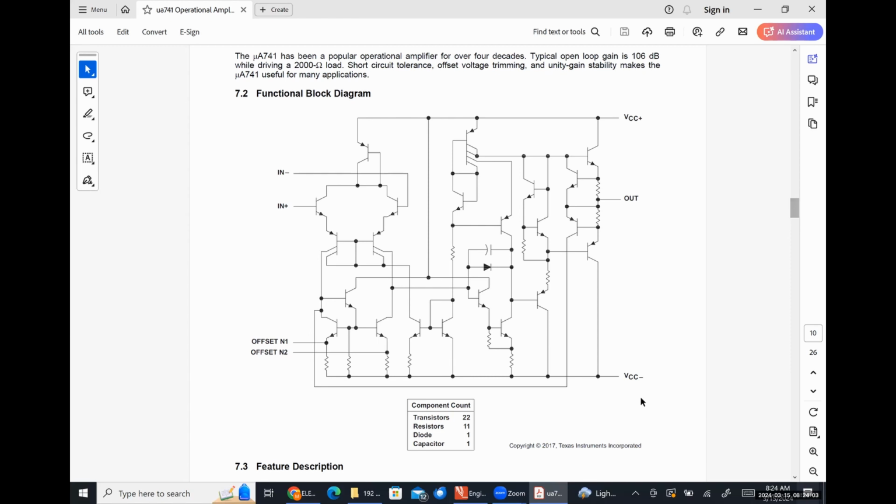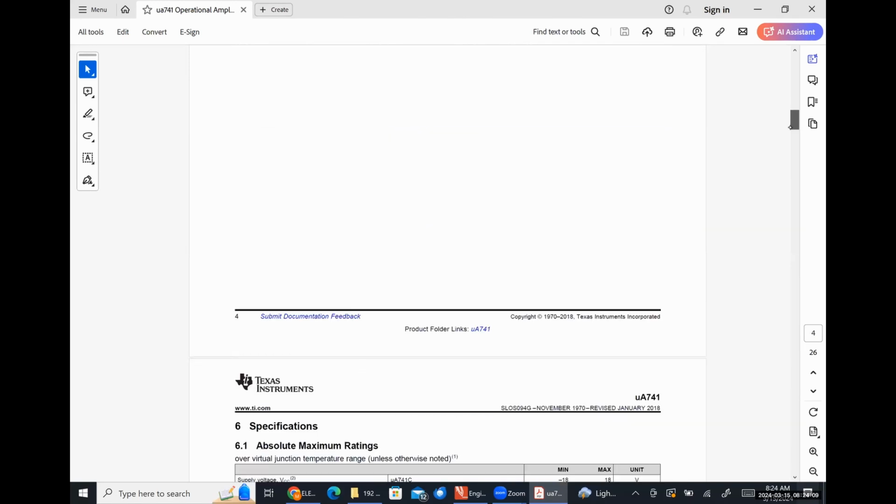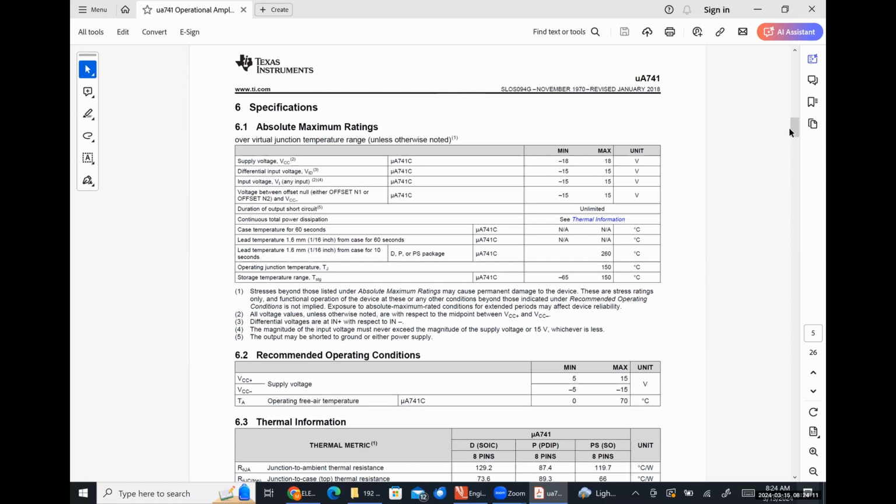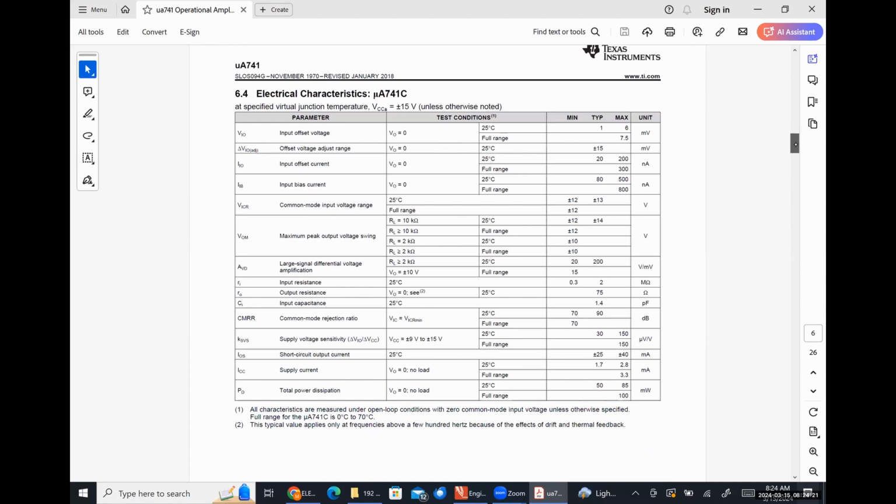Well, luckily for us, if we scroll up here in this manufacturer's data sheet, we should be able to find some of that information. Electrical characteristics, here we go, right? So the input resistance for this particular amplifier is typically somewhere in the ballpark of 2 mega ohms.